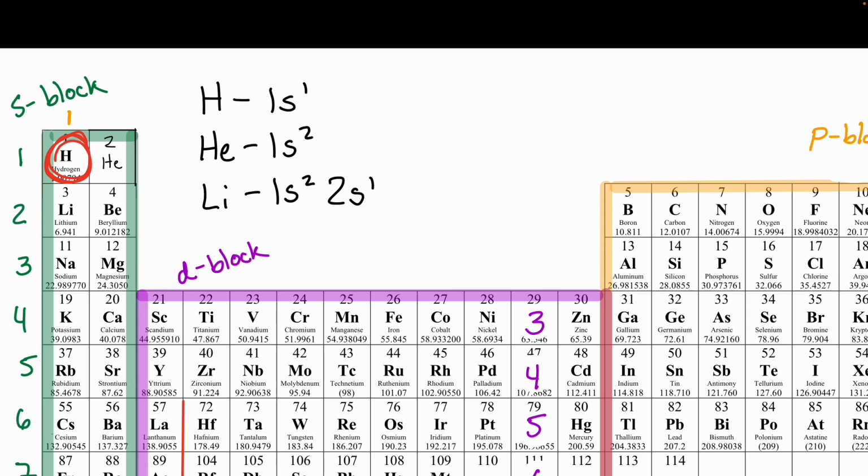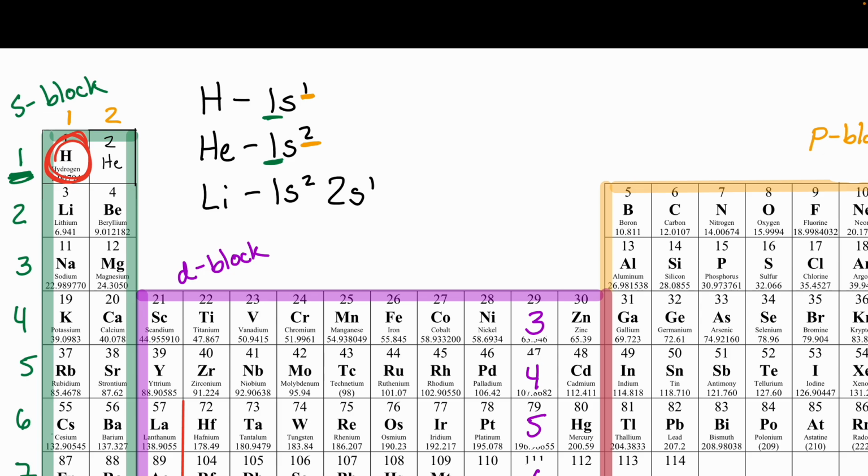So that's how I knew to put 1 electron in that 1s orbital. Helium is the second element in that 1s row. So that's why I knew to put 2 electrons in its 1s orbital.